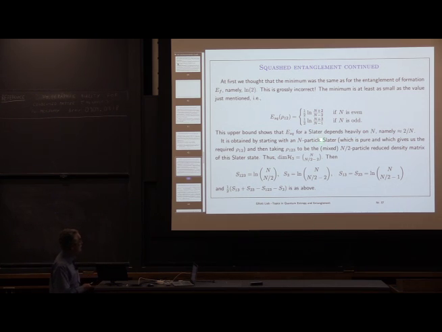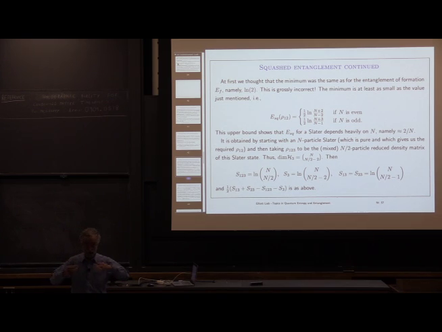You take a Slater, n-particle Slater, which is a pure state, and gives us rho 1, 2. And then we take rho 1, 2, 3 to be the mixed n over 2 particle reduced density matrix of the Slater state.